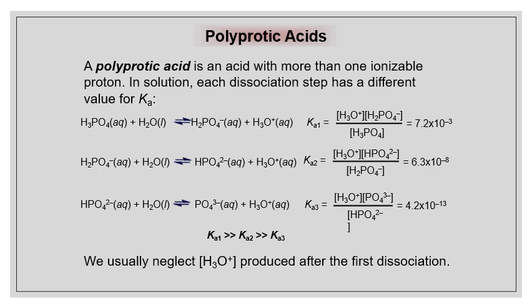As a rule of thumb, your largest Ka value will always be for the first equilibrium step. The reason why is because of Le Chatelier's principle. You will notice that in every single step along the way, we have additional H3O+ that is forming.